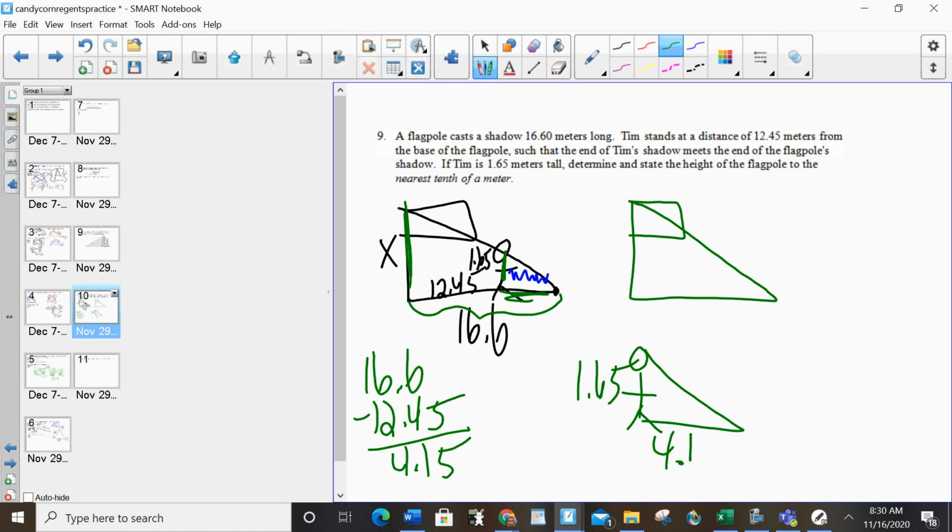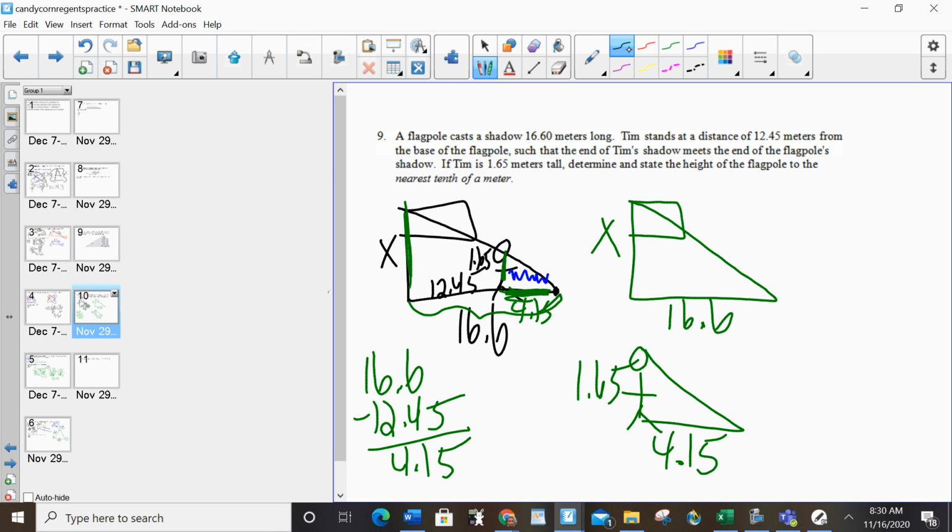And that's why I say for these questions, expect to have to add or subtract. This is x, this is 16.6. Expect to have to add or subtract for Tim's triangle. This piece right here, I had to subtract in order to get that 4.15.